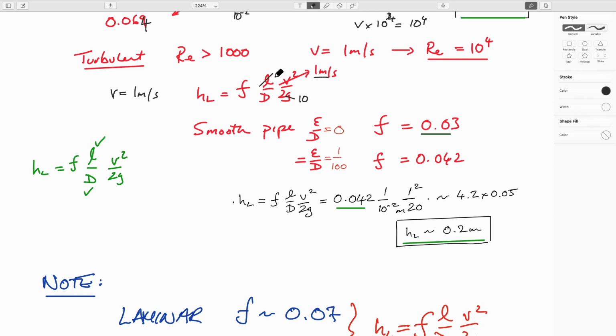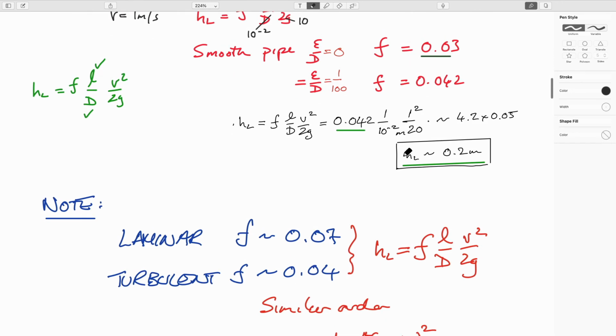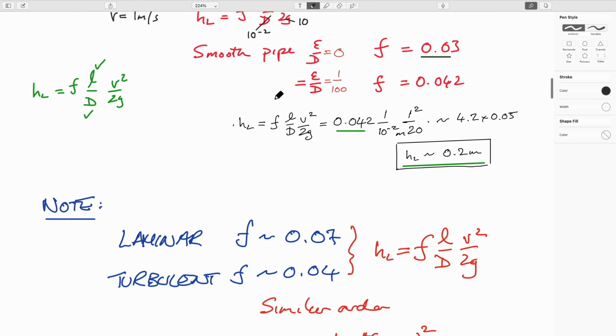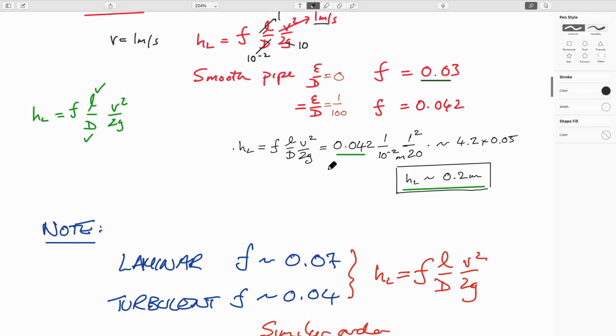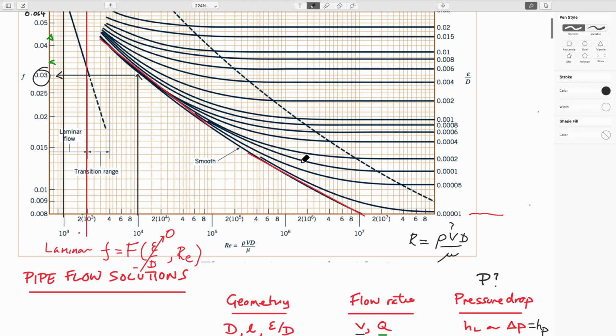This value is 1. This is equal to 10 to the minus 2, 1 centimeter. And if it's a smooth pipe, then the friction factor is 0.03, and you get something out of it. If the roughness is equal to 1 over 100, 1 over 100 is here.